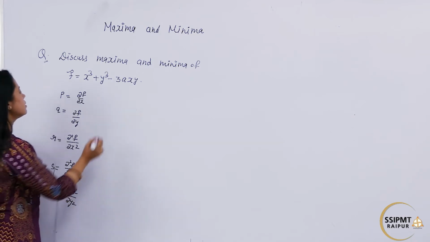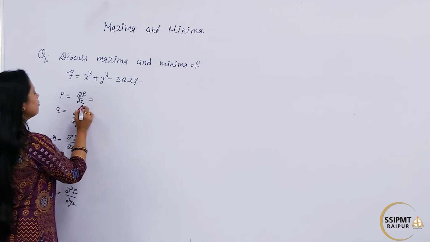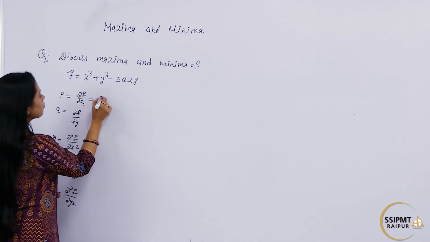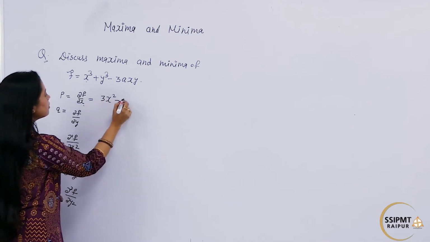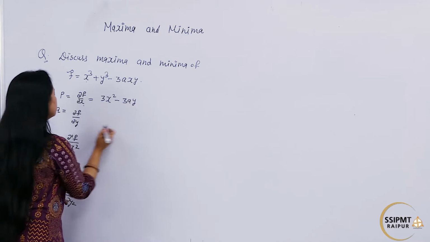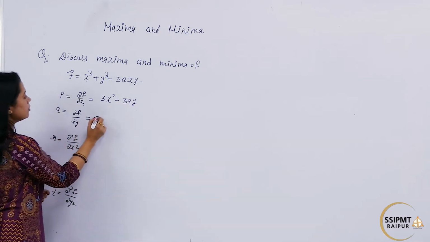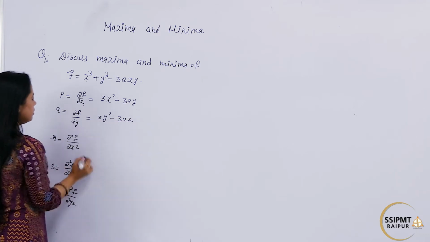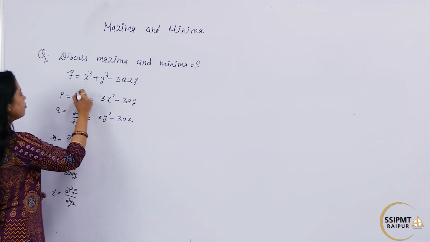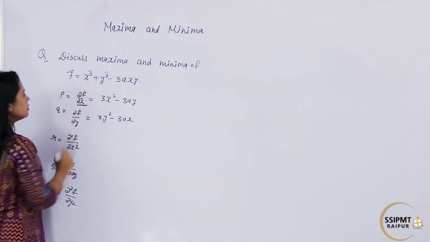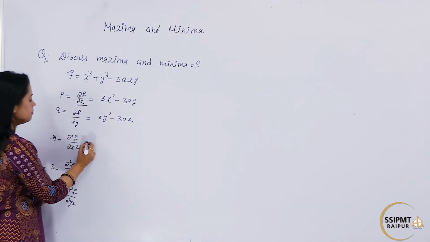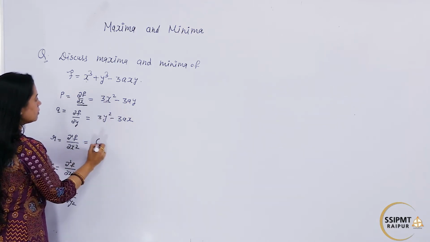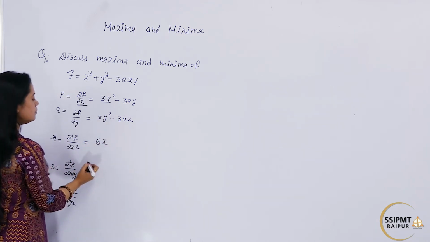Alright, so let's calculate. If we differentiate partially with respect to x, it would be 3x square minus 3ay. Del f by del y will be 3y square minus 3ax. Second order derivative del f by del x, when differentiated with respect to x again, will be 6x.